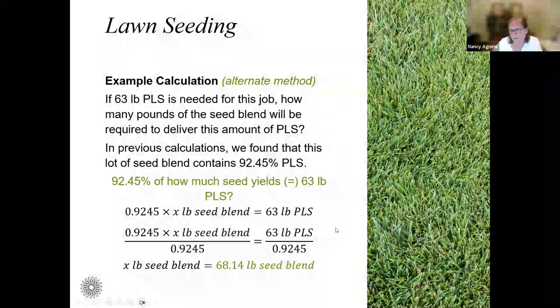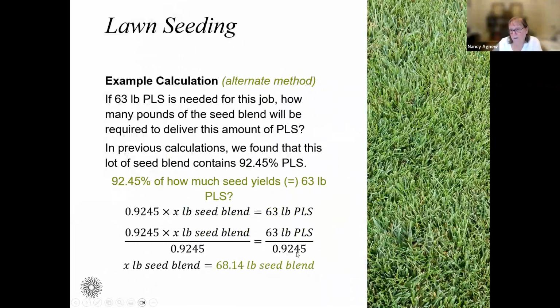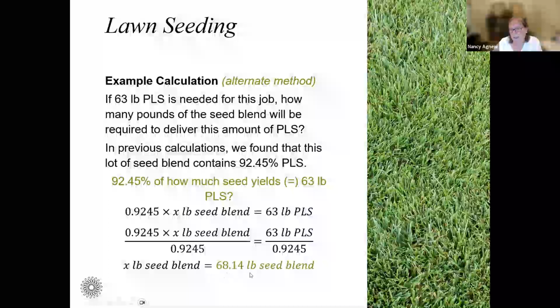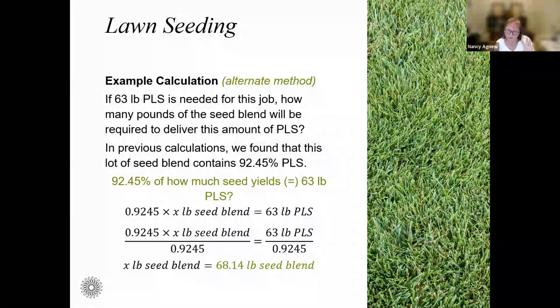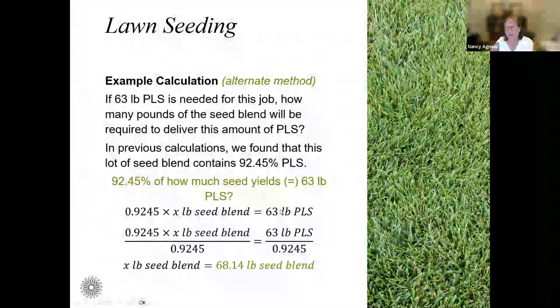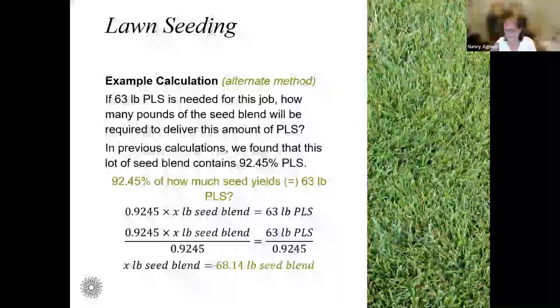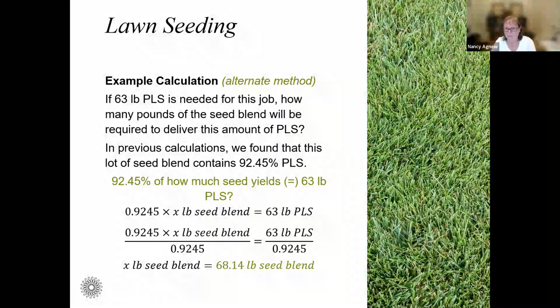We divide the 63 by 0.9245, and we get the same 68.14. It all depends on how you look at it. Again, I like to go back to the full proportion, but if you read it through and say this, you can understand how that math works. It depends on how often you use these skills. Any questions on that?